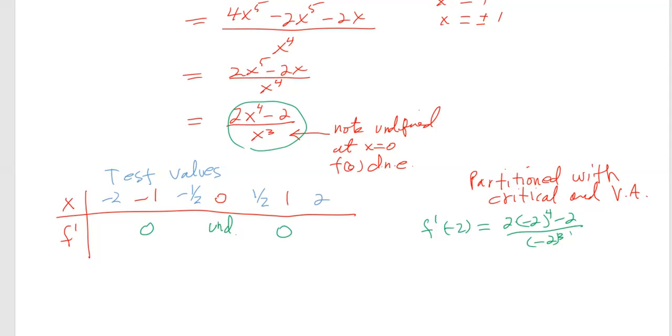That's going to be 2 times 16 is 32 minus 2 is 30. Down here you have a negative 8. It's less than 0. That means that the function is decreasing in that interval. To the left of negative 1, all the way up to negative 1, it's decreasing. Okay, that's what our theory tells us.